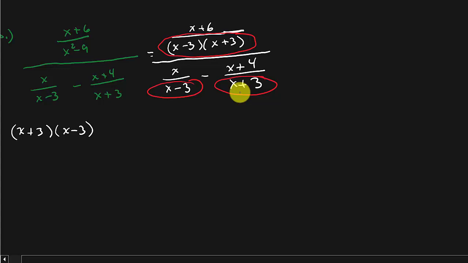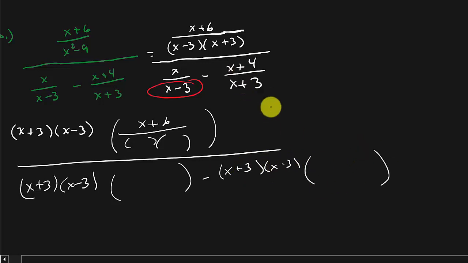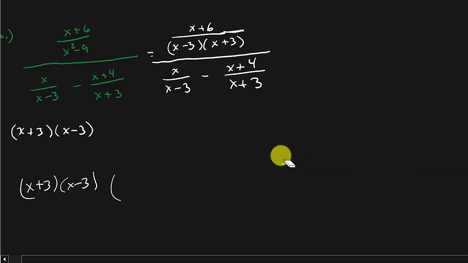Okay? Now, you know something? I was actually going to write all this out, and then write this over, and then the common denominator, and then I was going to write this term here, and then minus x plus 3, x minus 3 times, and then this term. That's a lot of writing, isn't it? How about we do this? Let's be lazy about it. How about that?